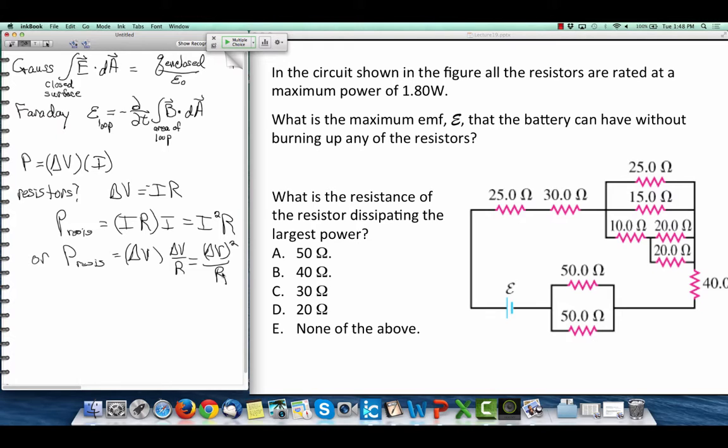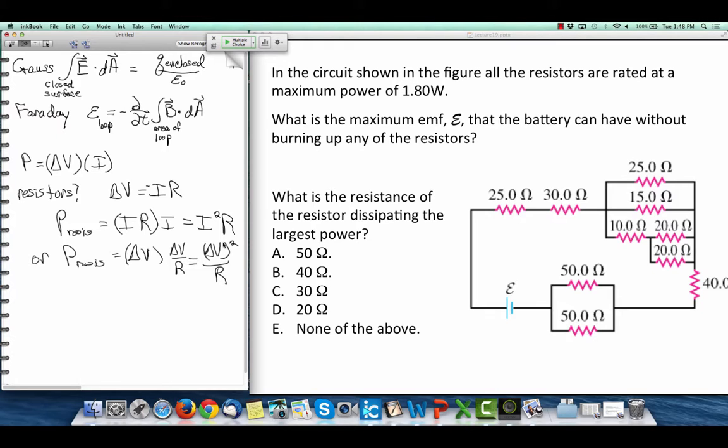For my uses, it just doesn't seem as useful to talk about delta V, because for whatever reason, I have an easier time thinking of the current than of the voltage drop across a resistor. So I like I squared R. But anyway, you can do either of the two. And in this particular problem, I squared R might be the best way to deal with it.